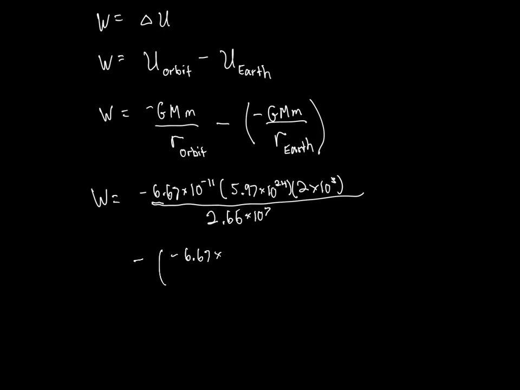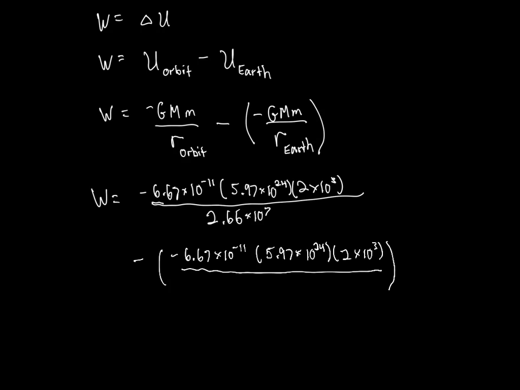So we still have the mass of the Earth times G times the mass of the satellite. And this time we want to divide by the radius of the Earth because we're sitting on the Earth's surface.